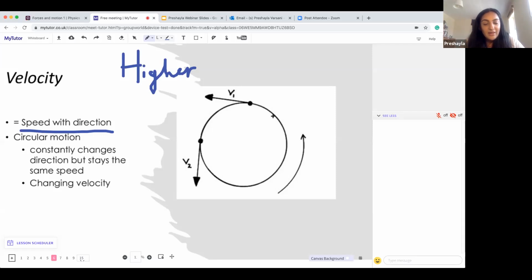So our car is moving around our roundabout in circular motion. And we say that at any given moment, the velocity acts at a tangent to the circle. Okay, you may not have heard this word tangent before, but what tangent means is it kind of flies off of the circle. So it's this line which only touches the circle at a single point.